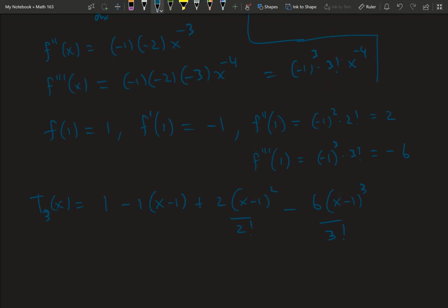So what we end up with is 1 minus x minus 1 plus x minus 1 squared, because the 2's cancel. Here 3 factorial is equal to 6, so you get minus x minus 1 cubed. So this is the third order Taylor approximation for f of x equals 1 over x. And you can fairly easily generalize this to its Taylor series if you'd like to.